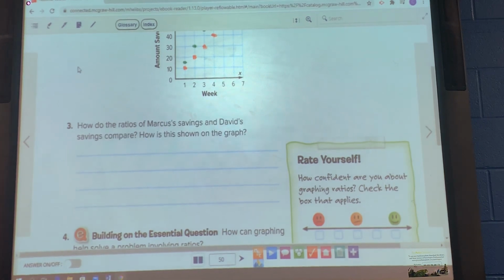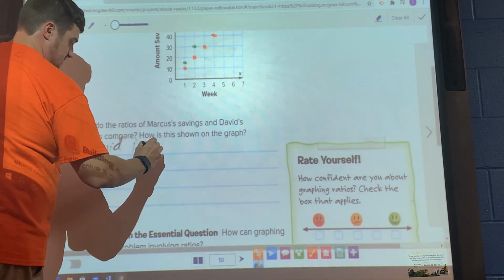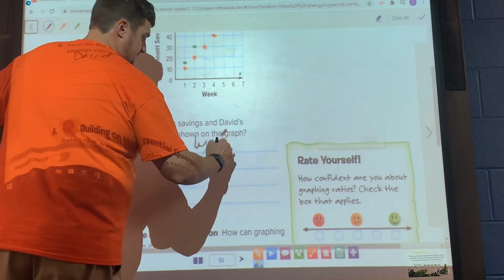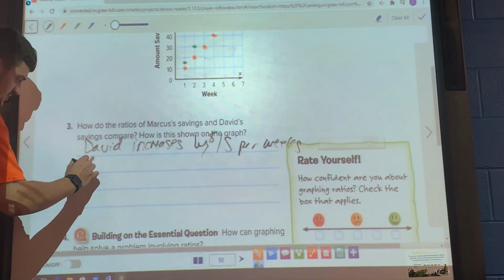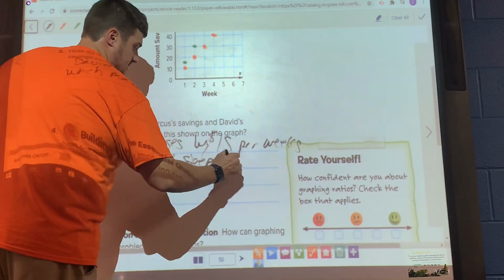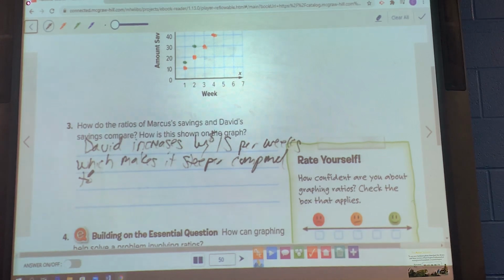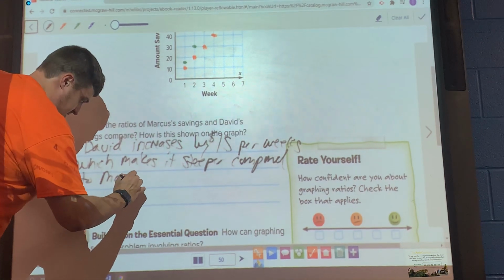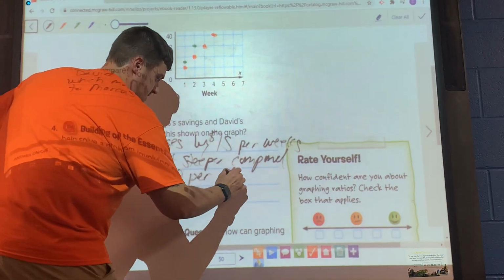We need to answer that. So David increases by $15 per week, which makes it steeper compared to Marcus's $10 per week.